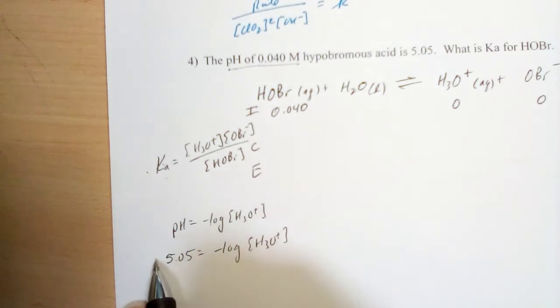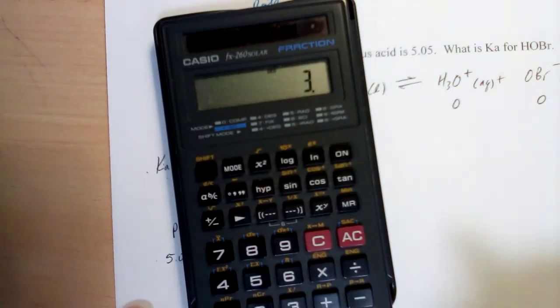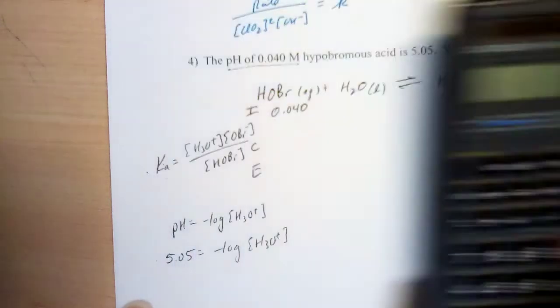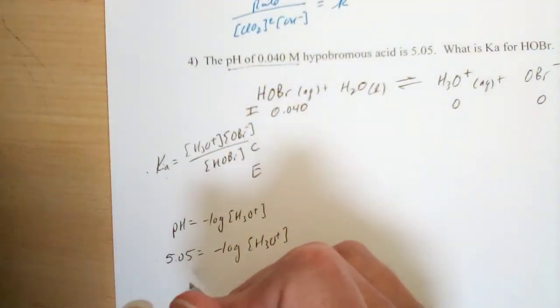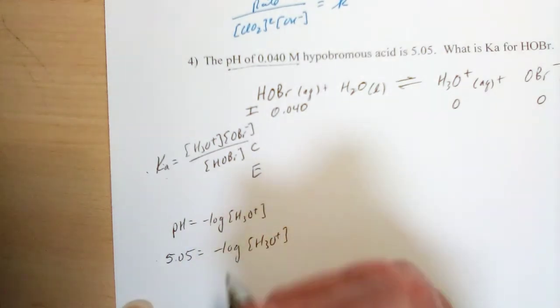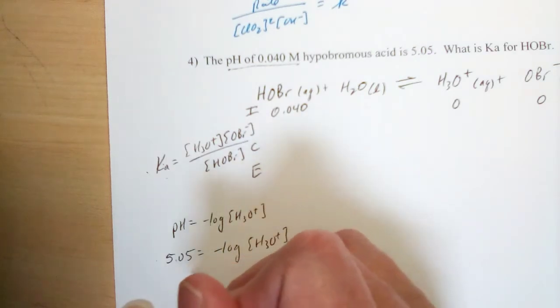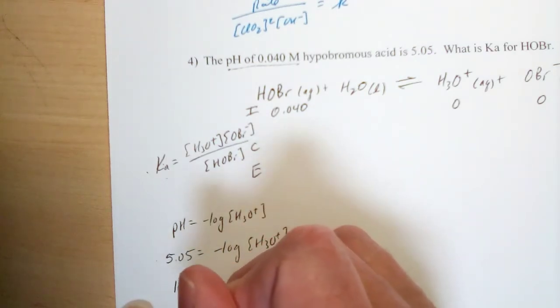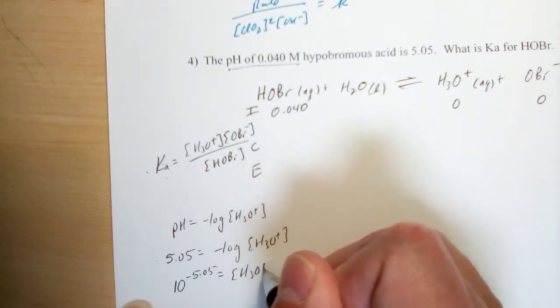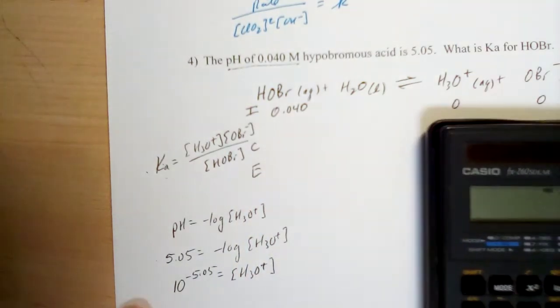So if I move this negative over, and then I do the opposite of a base 10 log, which, if you look on your calculator and you find the log key, the second function generally is going to be the opposite there, so 10 raised to the x power. So move the negative, and then I'm going to do 10 to the x on both sides, or the anti-base 10 log, and that would give me on this side 10 to the minus 5.05 is equal to the hydronium ion concentration.